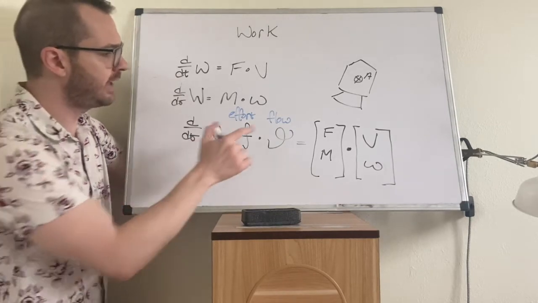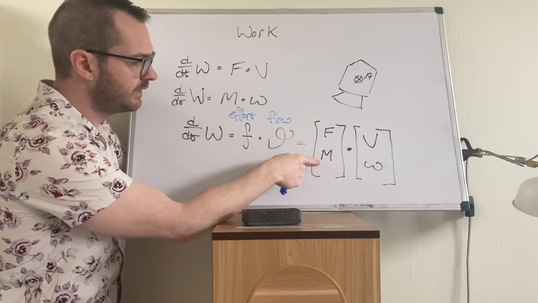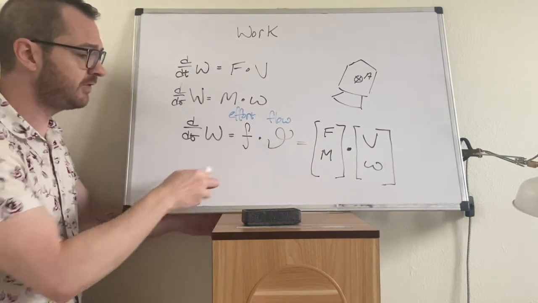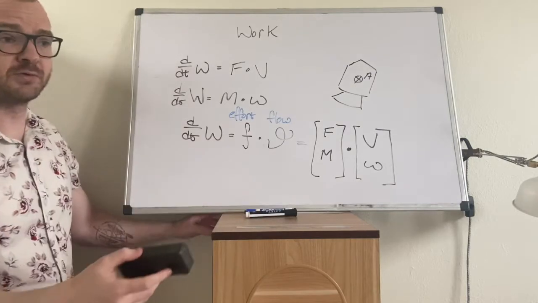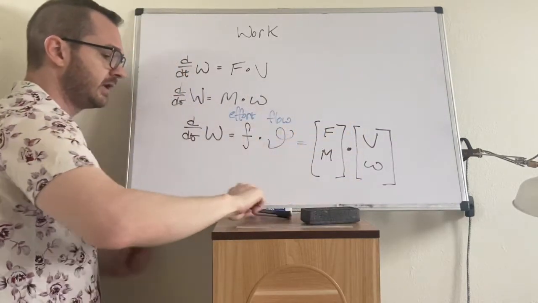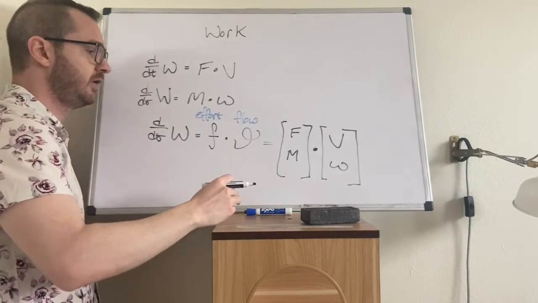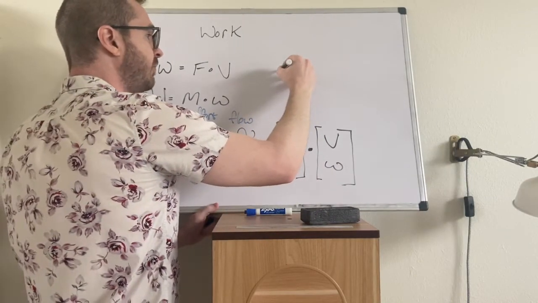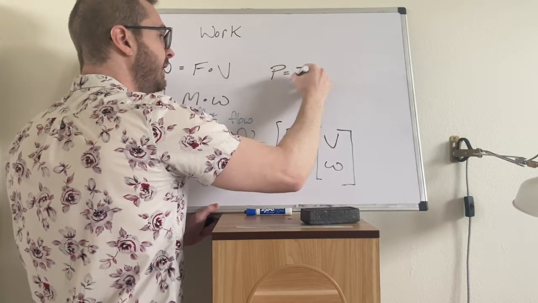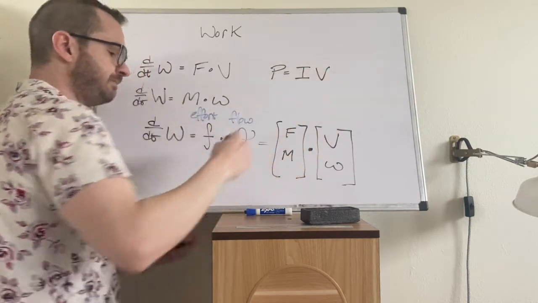So we've shown that it's translational power, we've shown rotational power for things like pumps and turbines. This also applies for electrical systems as well. If you have studied any electrical systems, you might have seen the equation for electrical power. Power is equal to I times V.